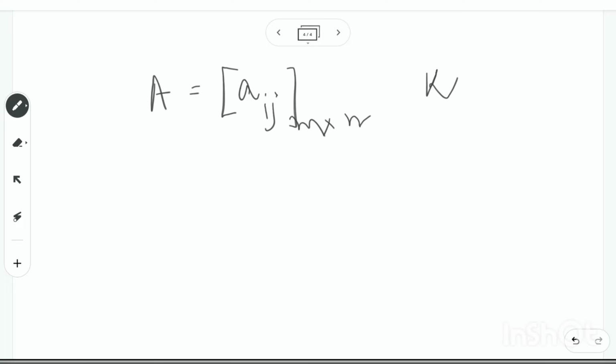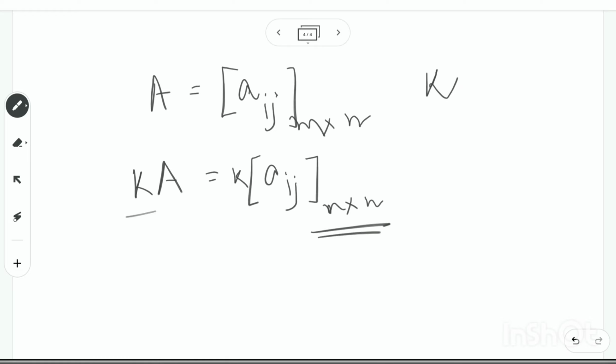Suppose the scalar is K, then KA is another matrix obtained by K into Aij, M cross N. The order of the KA matrix is also M cross N. So how can we get it? Just simply multiply each element of the A matrix by the scalar, right?